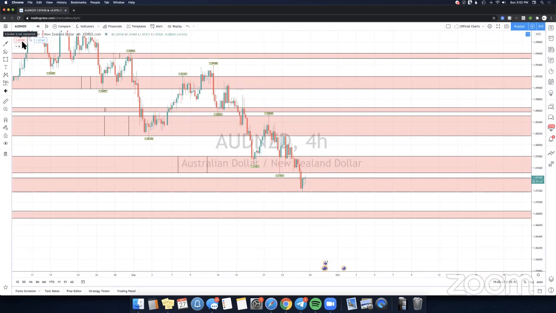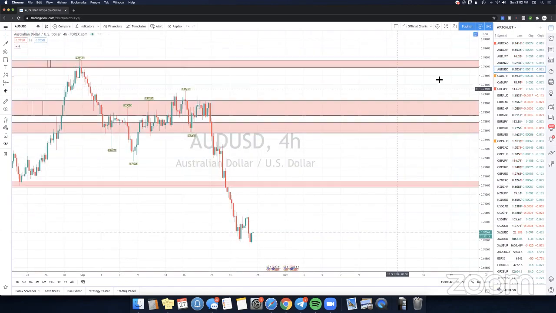Right here, the exchange rate's only 1.7 cents, which is not much at all. It's nothing compared to like the euro compared to the USD. So I would be careful and just wait for price to either break above here or break below here before you make any moves on AUD NZD. So we're done with that. Let's move on to the next one, AUD USD.